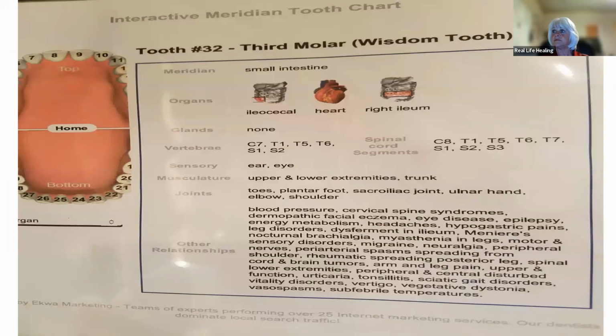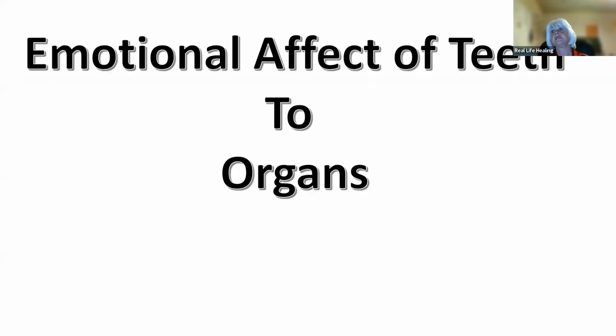Third molar. Toes again, here we go. Shoulder, elbows, blood pressure, cervical spine syndromes, and so on. This one's got a big relationship with it. Of course, that was our wisdom teeth.